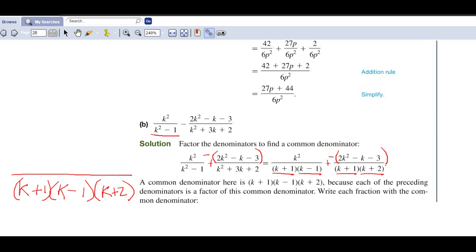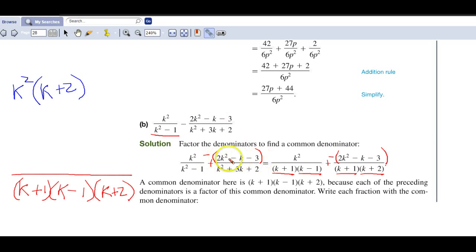And the answer is, and I'll change colors, I have to multiply that k, I'll put it up here, times this one here. K plus 2. All right, that'll give me this.